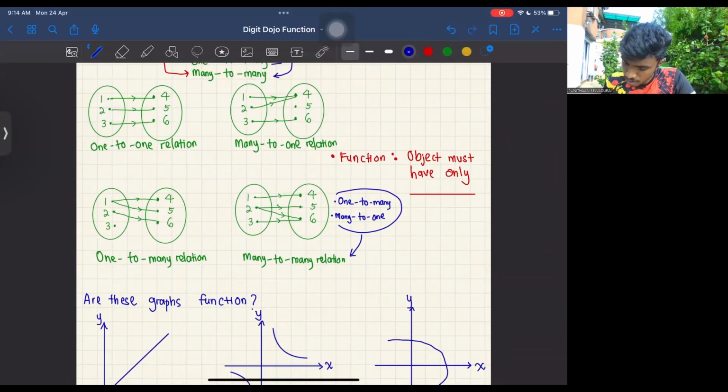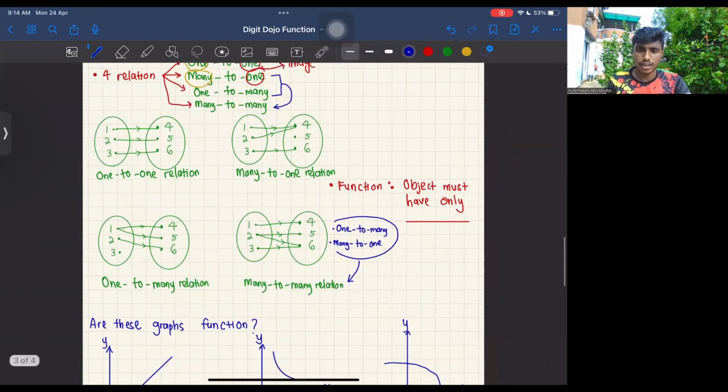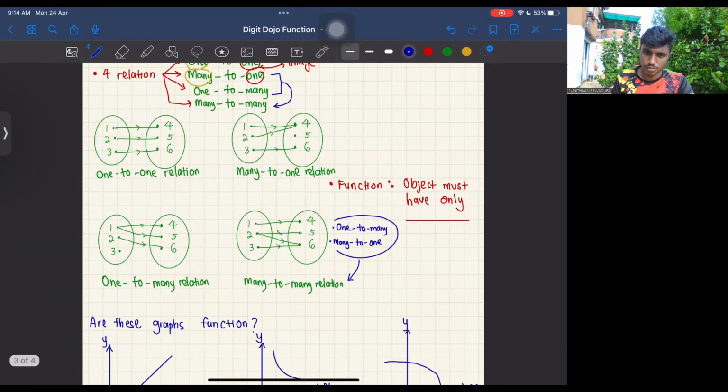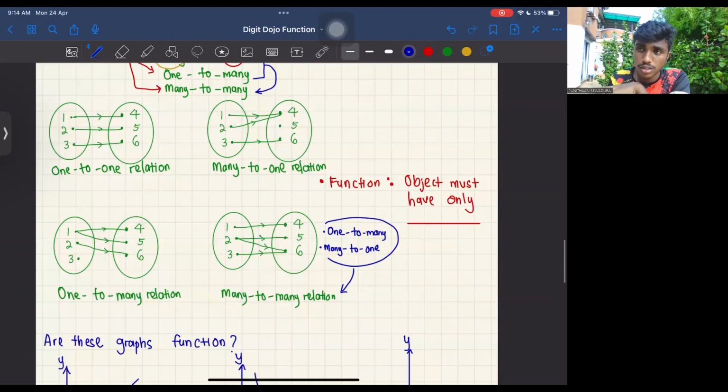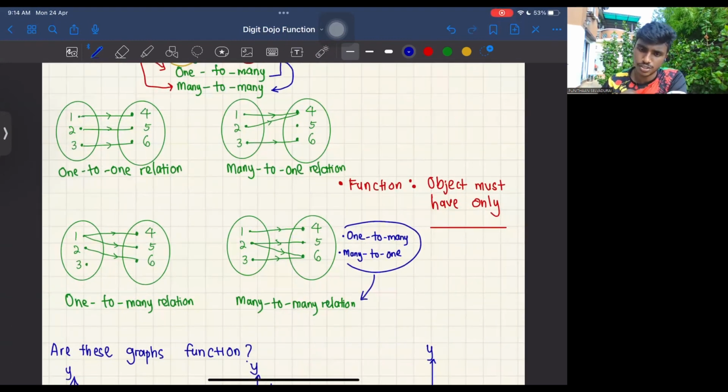Okay, now we have settled all the types of relation, the 4 types of relation, and how to identify all of them. Next, not all relations are considered as functions. All of them are relations, but they are not considered as functions.